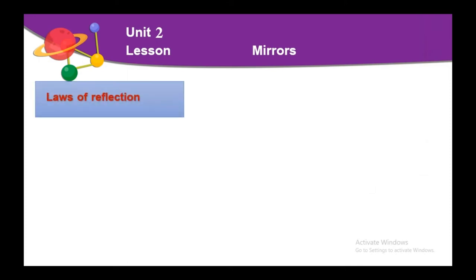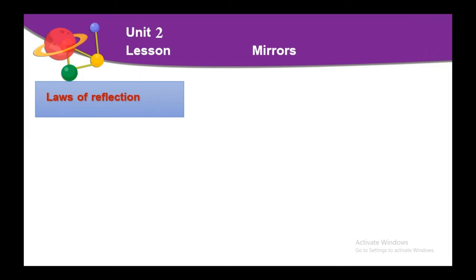What are the laws of reflection? Light is reflected regularly and irregularly. So we have two types of reflection. One of them is called regular reflection and the other is called irregular reflection. We classify reflection according to the type of reflecting surface.